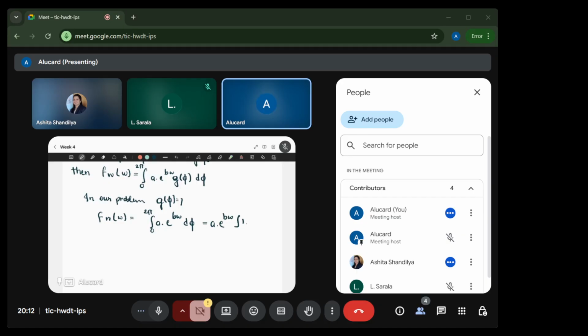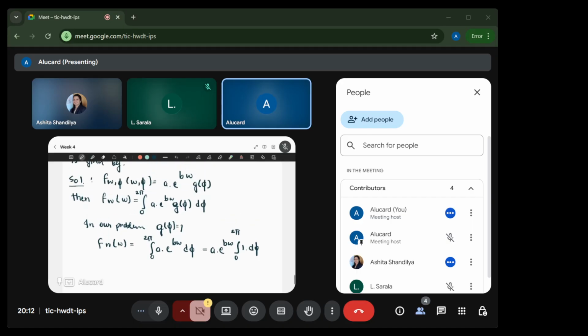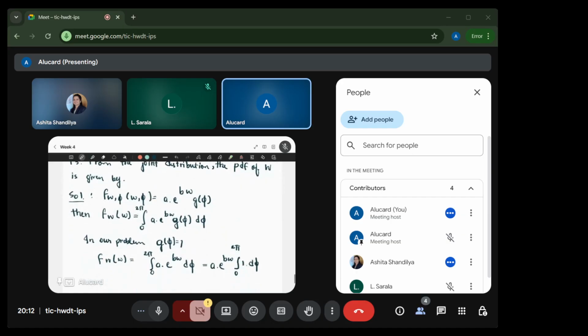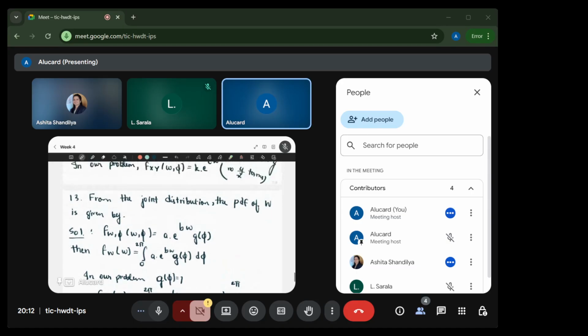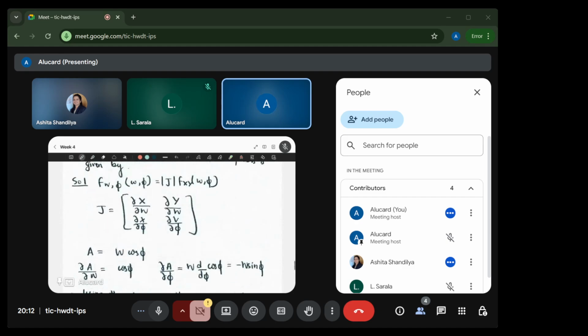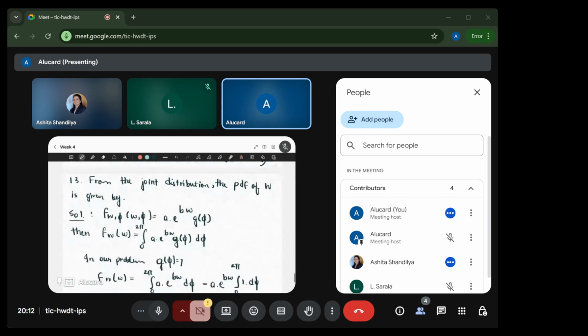We'll be left with the integral 0 to 2 pi of 1 d phi. I'm sure you can do that. Integral of a constant. So here a and b are numbers you get by solving the previous questions.